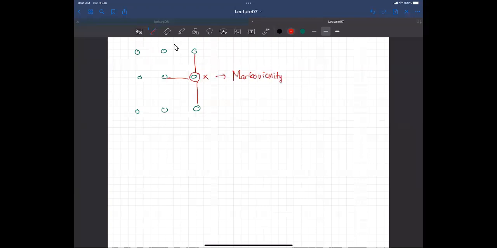Another example of Markovianity in our daily life is when you want to predict tomorrow's weather, for example, whether tomorrow is rain or not. Actually, tomorrow's weather is influenced by today's weather. It's also influenced by yesterday's weather, by the weather 2 days ago, and so on and so forth.